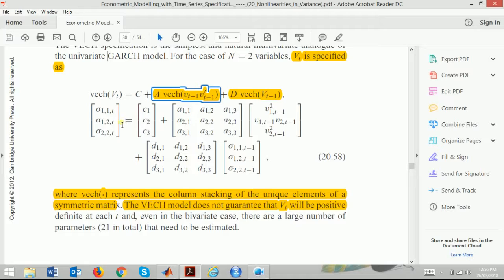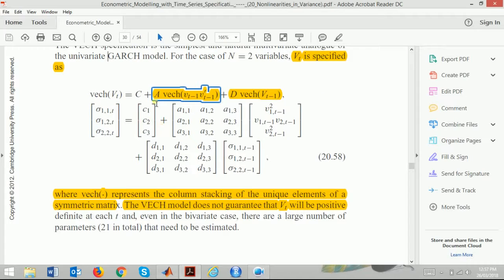In the case of n equals 2 variables, we have two conditional variances and a covariance. Sigma 11 and sigma 22 are diagonal elements, and sigma 12 and sigma 21 are equal off-diagonal elements. So you actually have three elements, despite there being two variables.